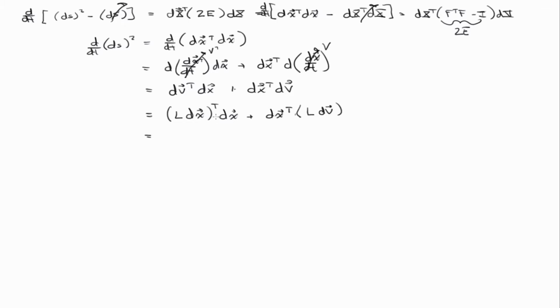And we've used this several times. The transpose of the product is the transpose of each of the components reversed, right? So that is dx transpose L dx plus dx transpose L transpose dx. There should be a little x right here.